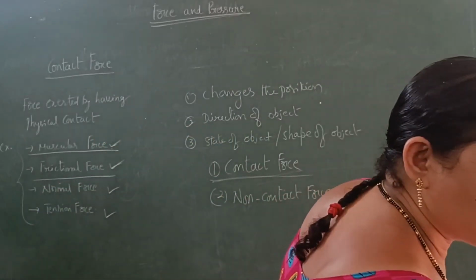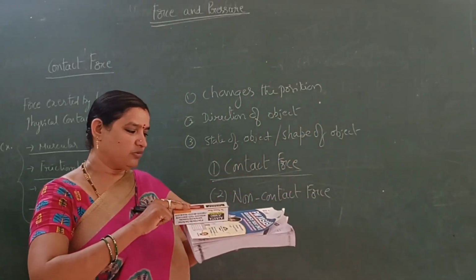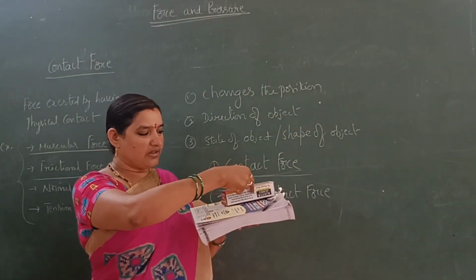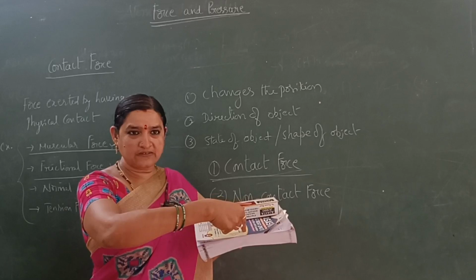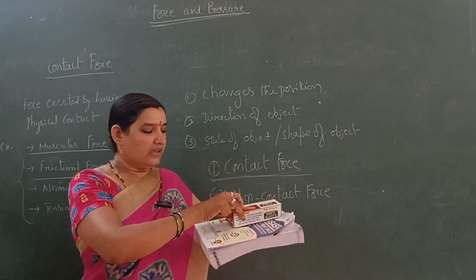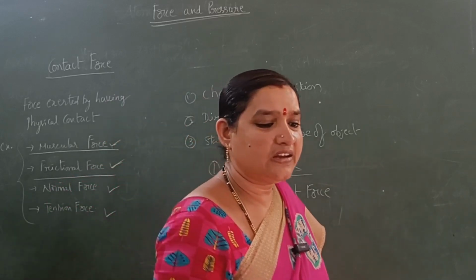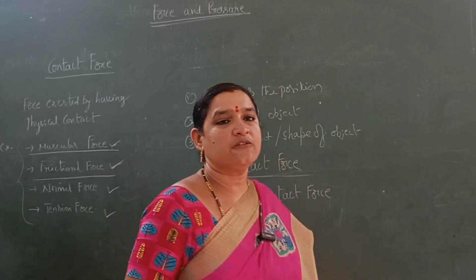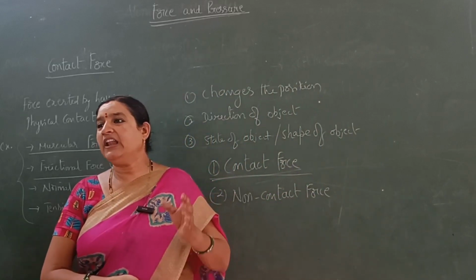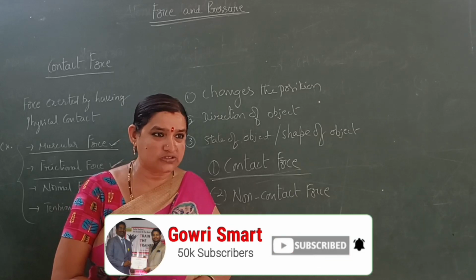For suppose one body is sliding on another body. This body acts with force on the surface and this surface also acts with force on the other body's surface. So when two surfaces are in contact, one surface opposes the relative motion of the body. This force is called frictional force.